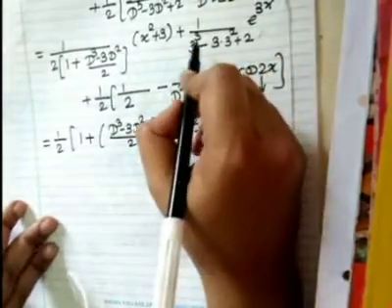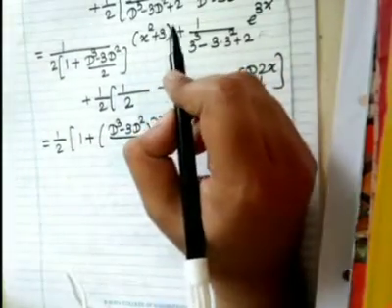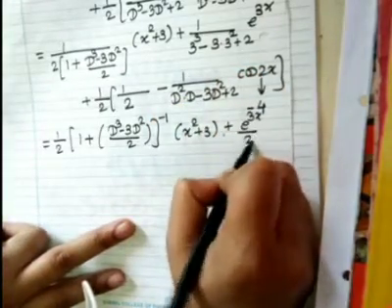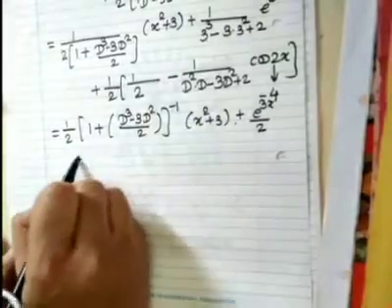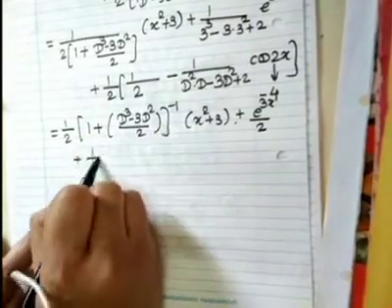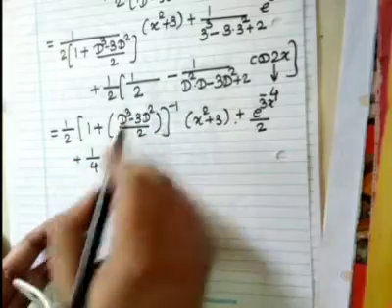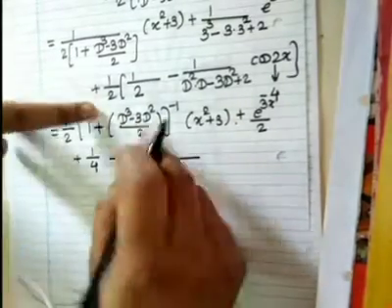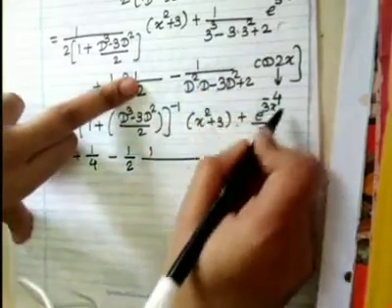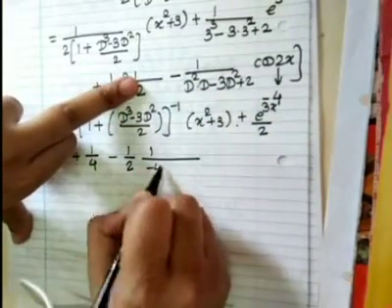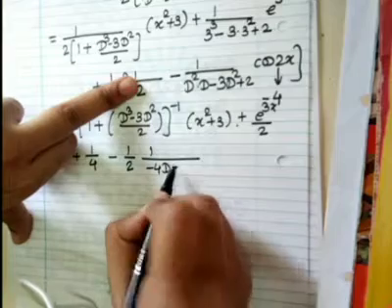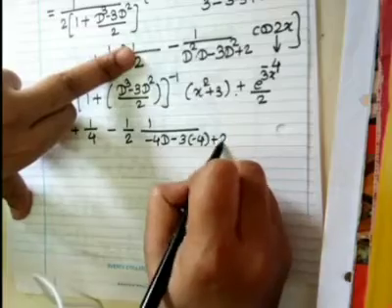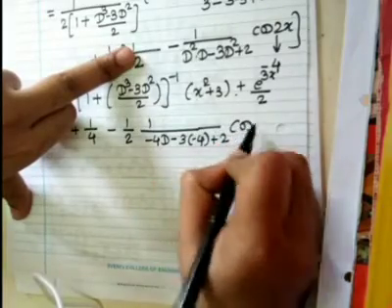What about this? 3 cube, this will cancel, only 2 is there. So plus e raised to 3x by 2. Very good. Then I'll multiply this together, so it is 1 by 4, this is also finished. Then minus 1/2 into 1 upon, that half I have given here. D square here we have to put minus 4, so it is minus 4D minus 3 into minus 4 plus 2 into cos 2x.